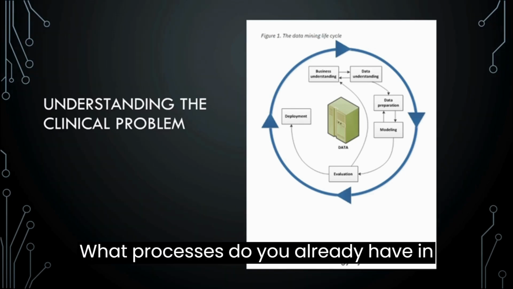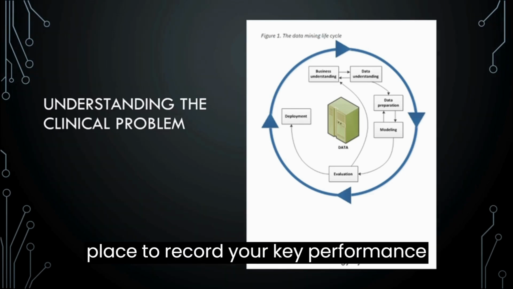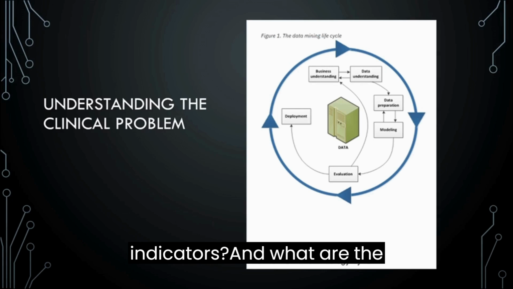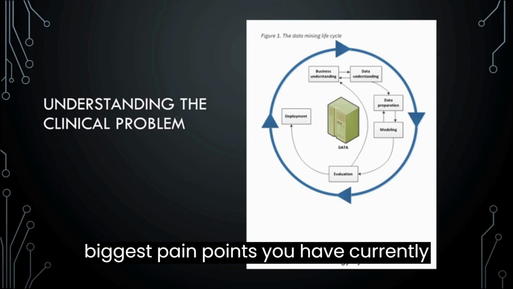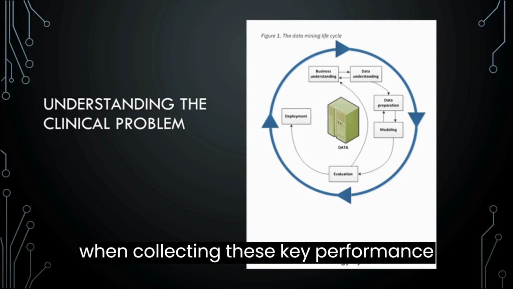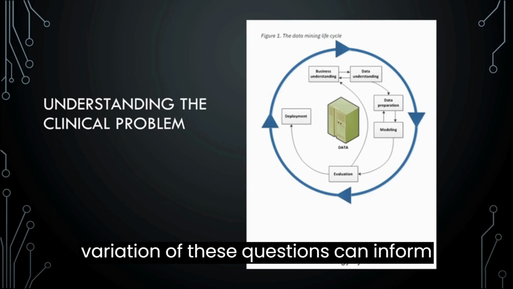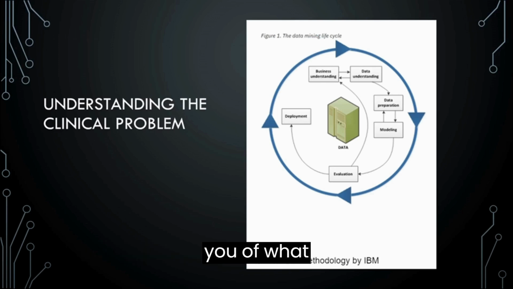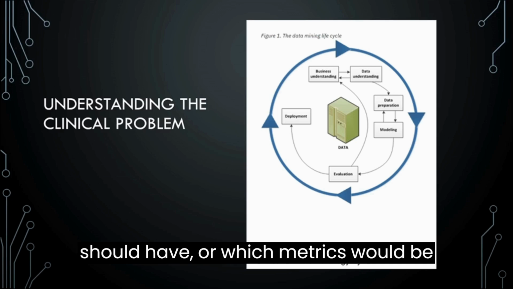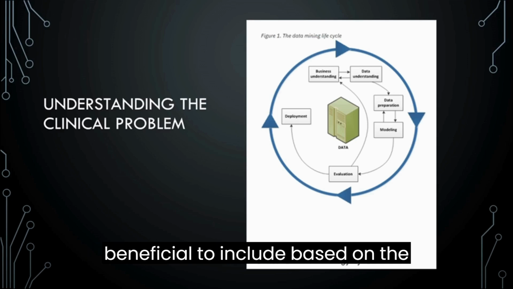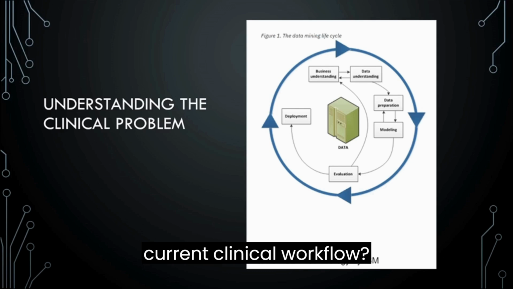What processes do you already have in place to record your key performance indicators? And what are the biggest pain points you have currently when collecting these key performance indicators? Asking these questions or a variation of these questions can inform you of what viewing permissions certain departments should have or which metrics would be beneficial to include based on the current clinical workflow.